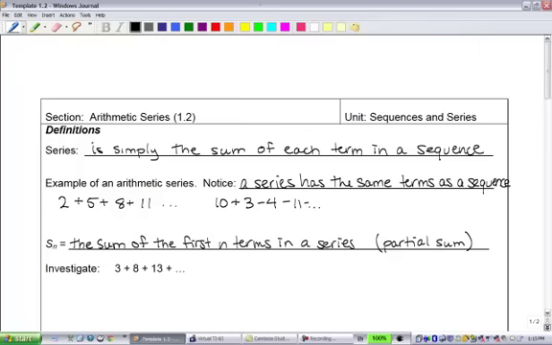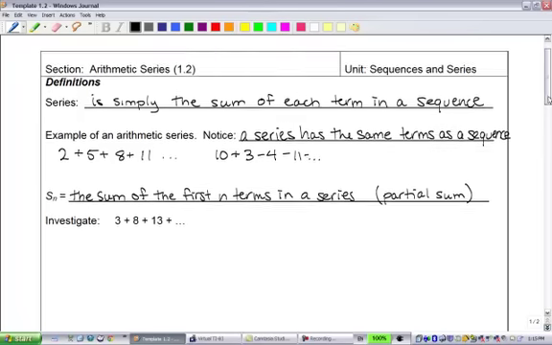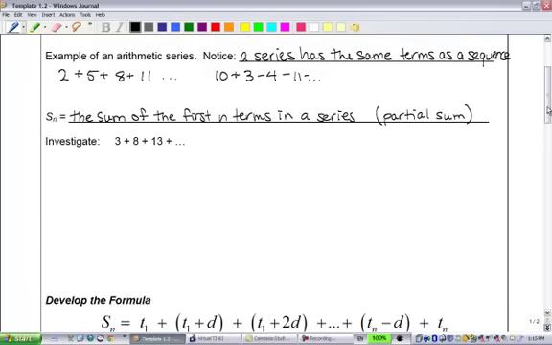So what we can do is we can take a look at this series here, arithmetic series, 3 plus 8 plus 13, and let's consider a few things here. We have that the sum of the first one term, which really is exactly the same as term 1, is quite easy. That's 3.